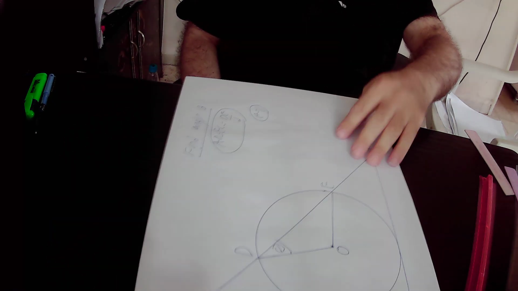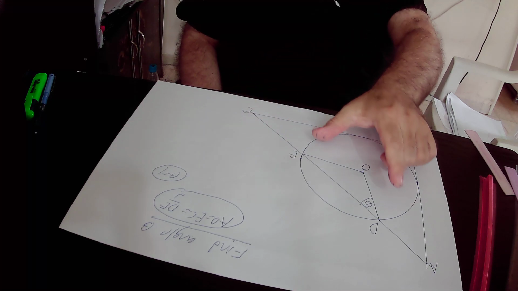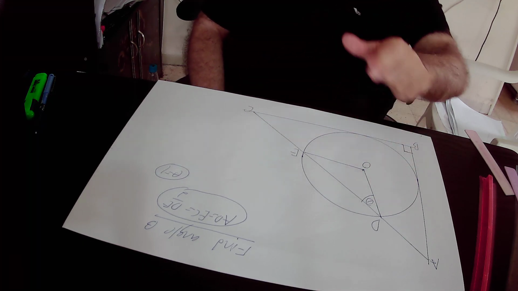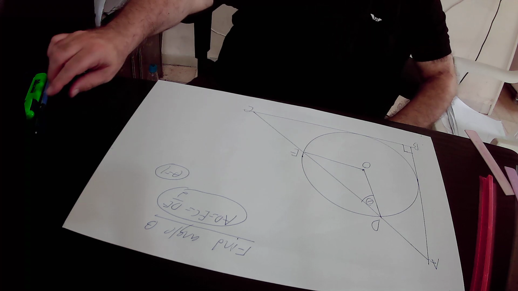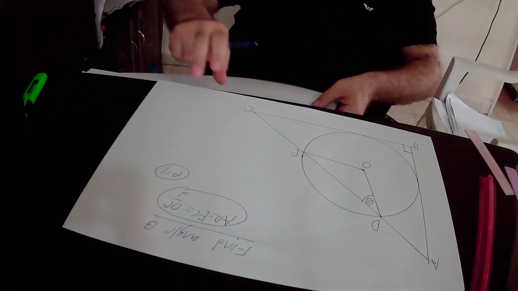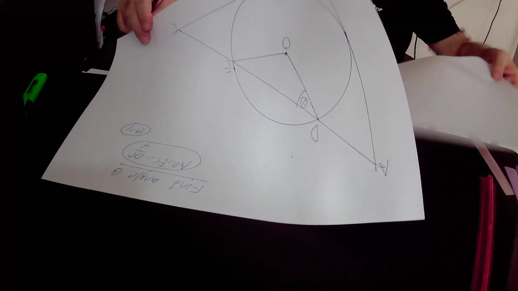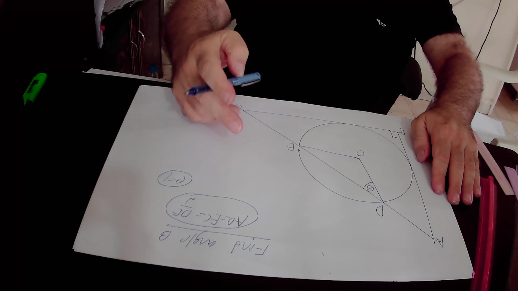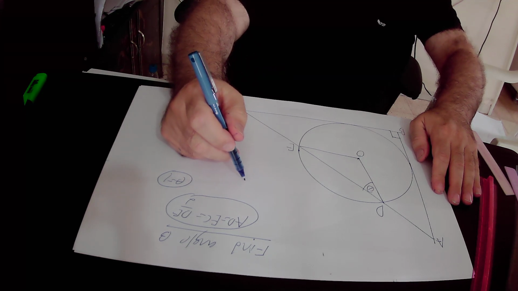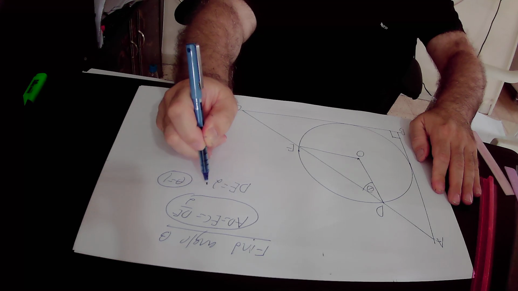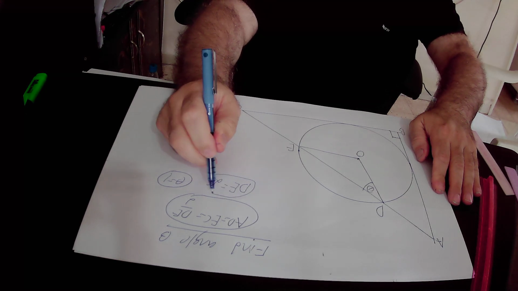Okay, so we'll define DE as 2A. So DE is equal to 2A according to our definition.